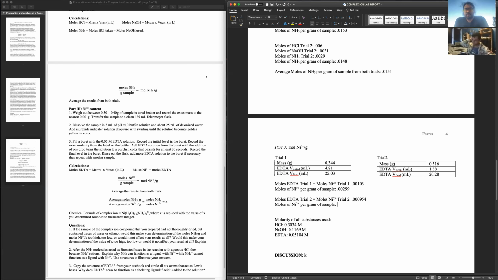So I get 0.0030, so 0.003. Okay. And then you average those out. I average which of the results? The moles of nickel per gram of sample.